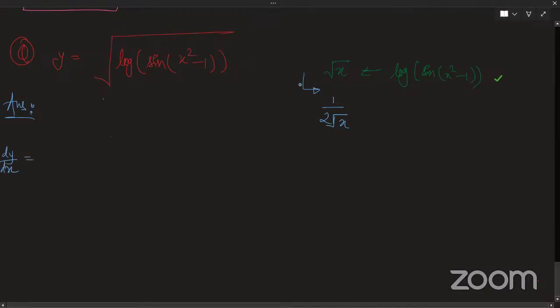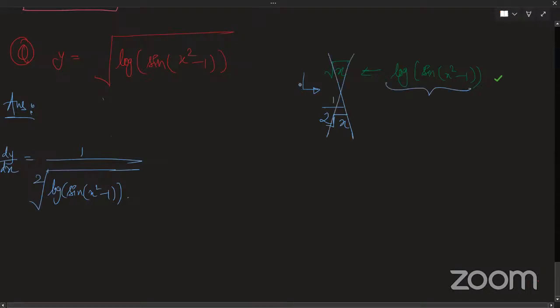Any doubt, anyone? No, sir. Okay. So you can just directly put it as 1 by 2 square root of log of sine of x square minus 1, right? Yes, sir. So you completed this level.